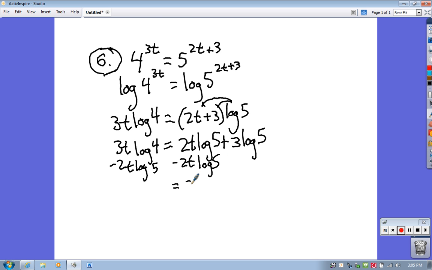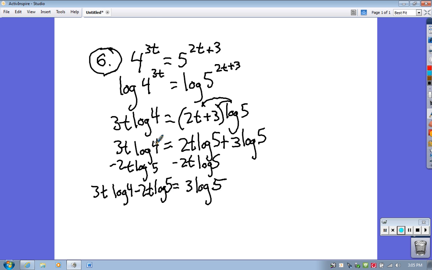On the right-hand side, I'm left with 3 log 5. On the left-hand side, I have 3t times log 4 minus 2t times log base 10 of 5.